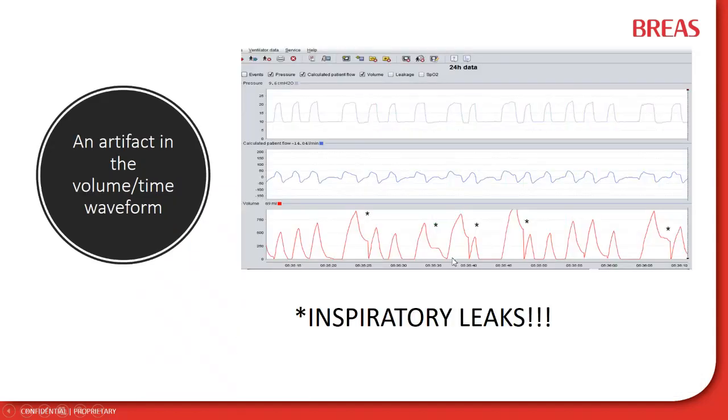This is an example from the Breas built-in software. The cycles labeled with an asterisk present this semiology: positive area is greater than negative area with restart. What does it mean? This corresponds to inspiratory leaks, in which the positive part is greater than the negative part. Probably it is one of the things you must remember in the interpretation of the volume time waveform.